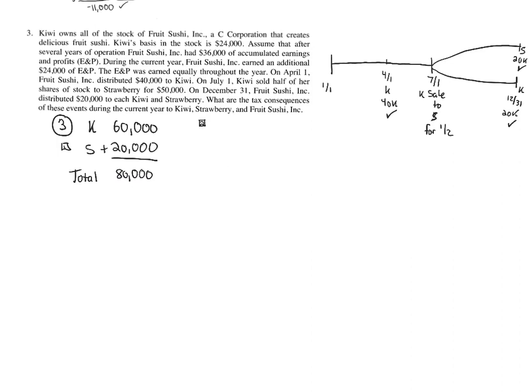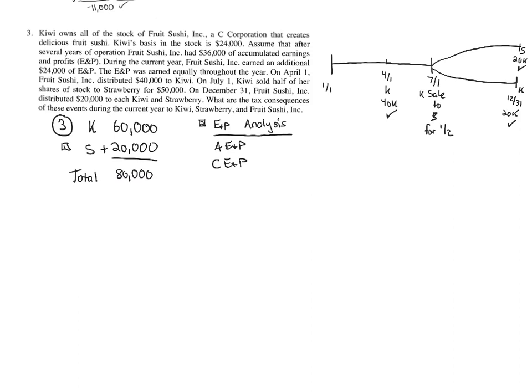Part 2, EMP analysis. This is where we go in a lot more depth. So remember, whenever you start off with E&P analysis, always do accumulated E&P on top, chronologically, current E&P on bottom.